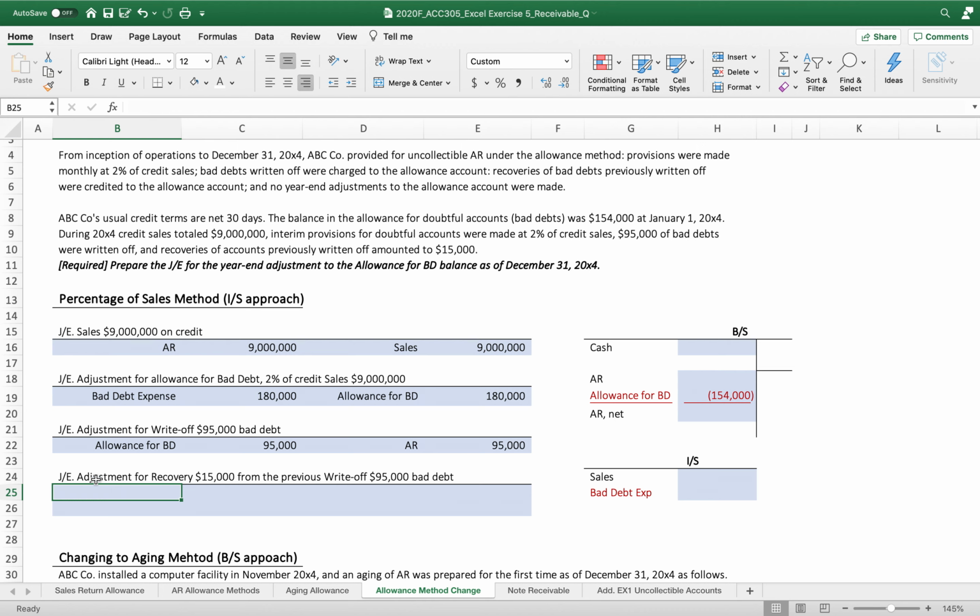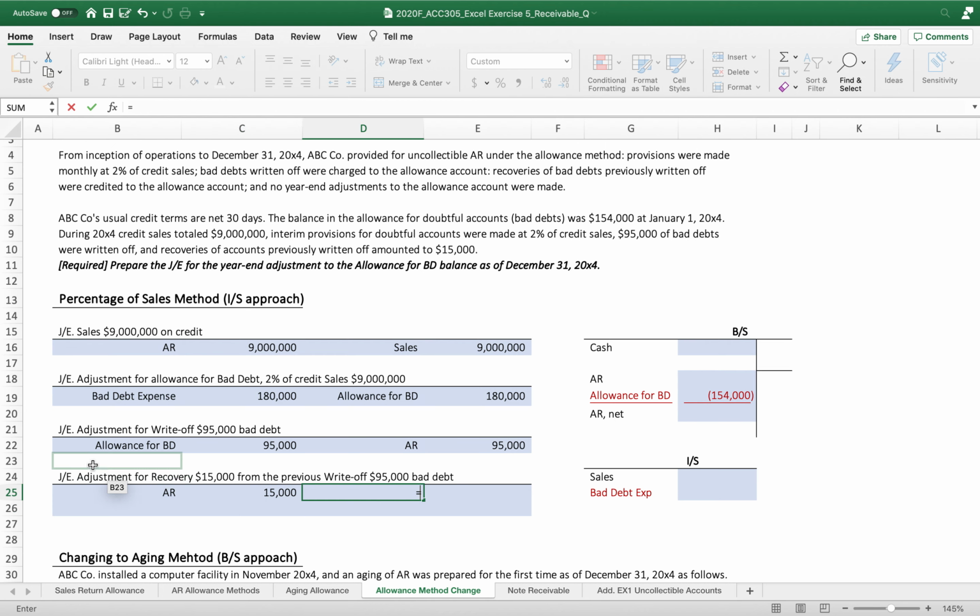But we also have adjustment for recovery from the previous write-off of 95,000 bad debt. Now, in this case, we have to recover first this AR value. How much? Not by 95, but by 15,000.